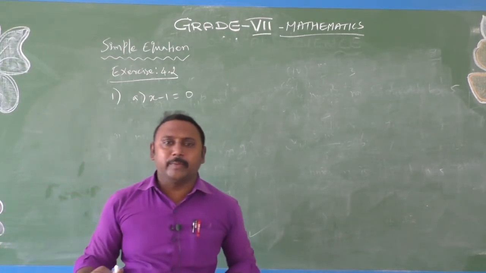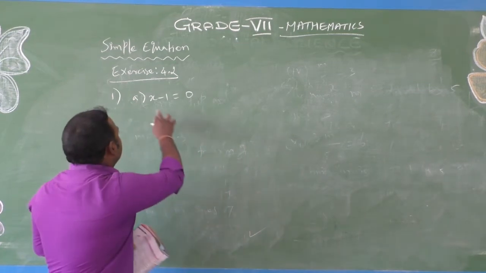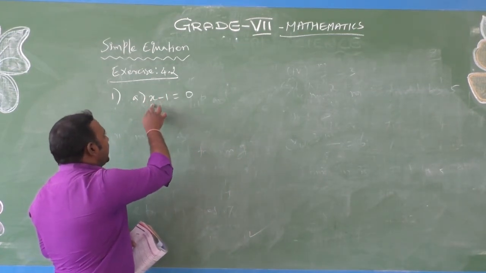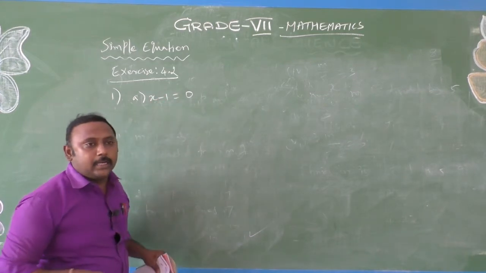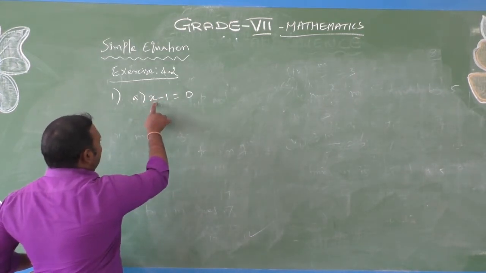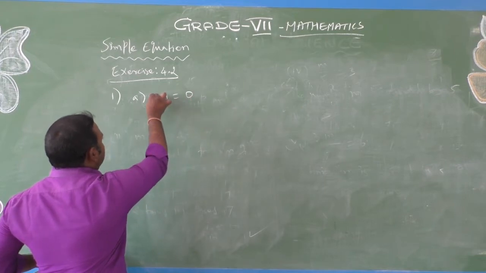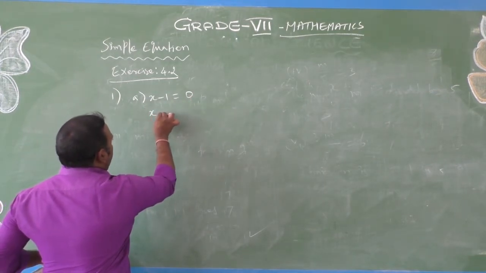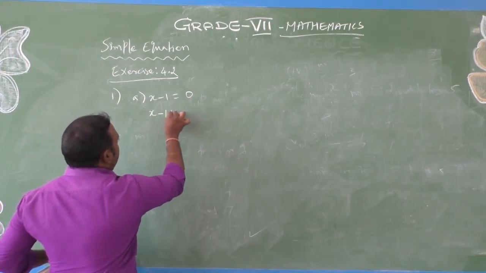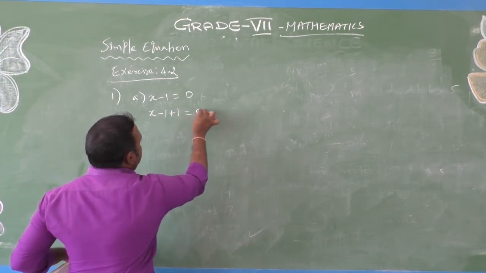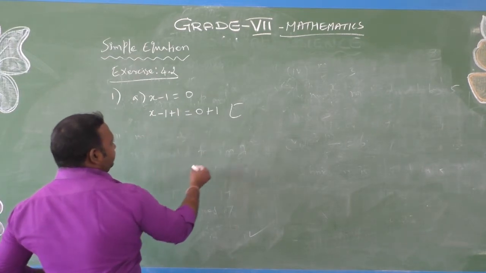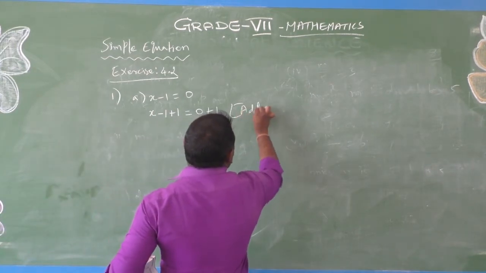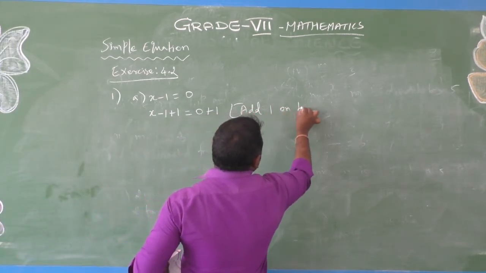Solve means we have to find that variable. Here x is variable and 1 is constant. So x minus 1 is equal to 0 means x minus 1 plus 1 is equal to 0 plus 1. That means here add 1 on both sides.